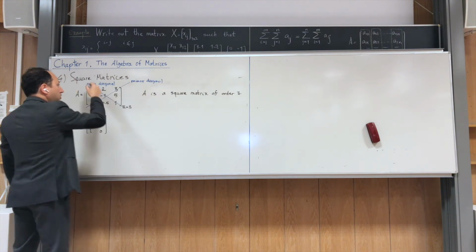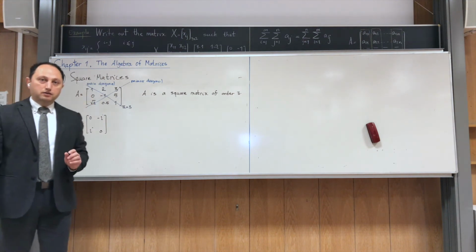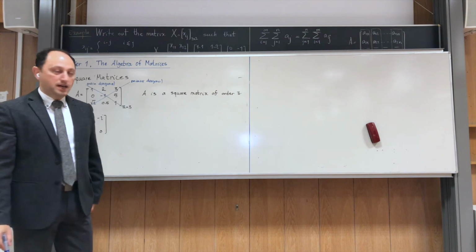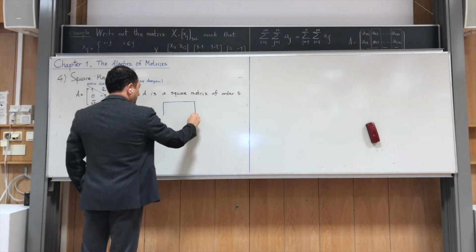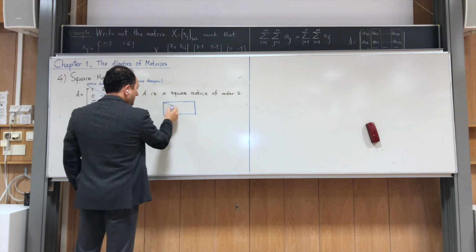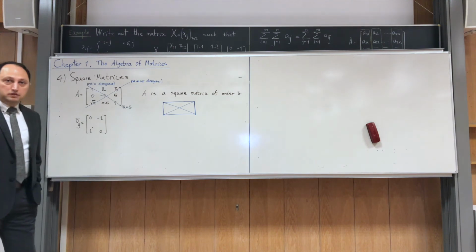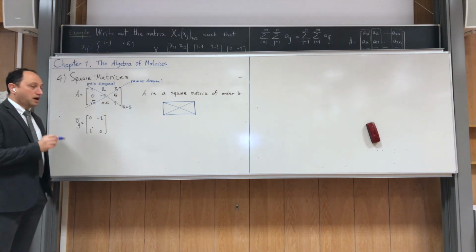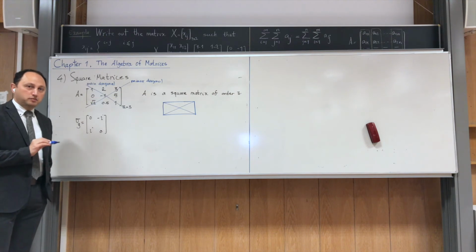So I want you to know about this. But don't get confused. The notion of diagonal even makes sense if you have a rectangle, yes? In geometry, if you have a rectangle, still, this is a diagonal, that is also a diagonal. But remember, the notion of a diagonal in matrices only makes sense if I have a square matrix.